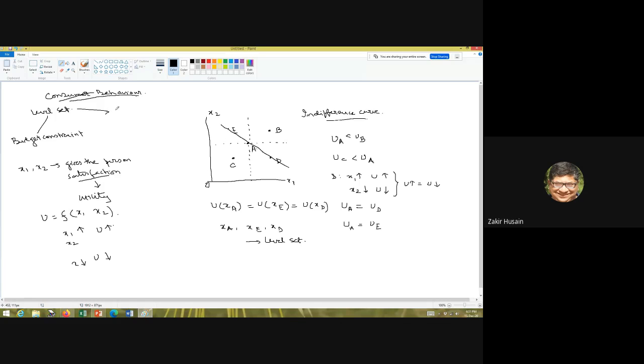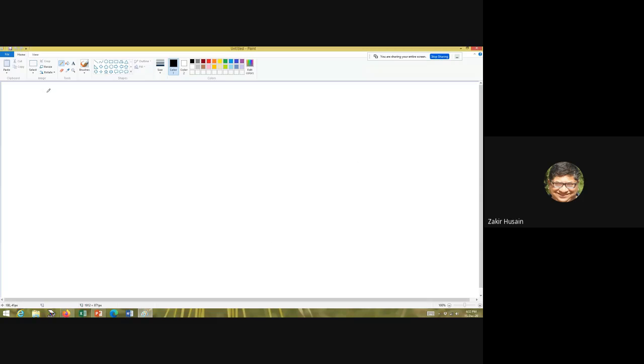So in consumer theory, we have two types of level sets. One is the budget constraint, the other is the indifference curves. In case of production theory, the equivalent of the budget line is the ISO cost line. This is the total cost, and we assume that there are two inputs, labor and capital, and these are the prices of labor and capital.